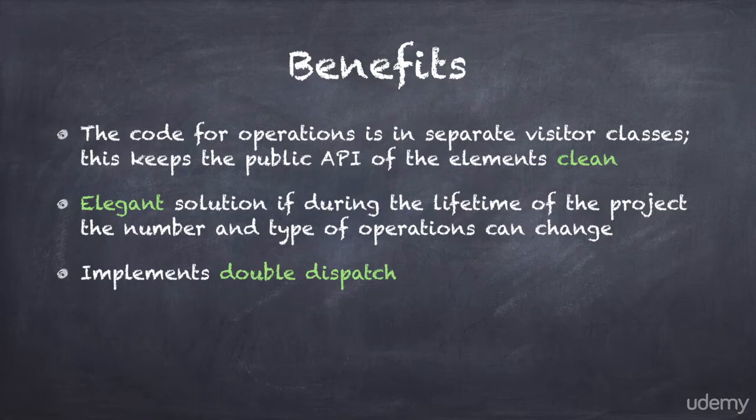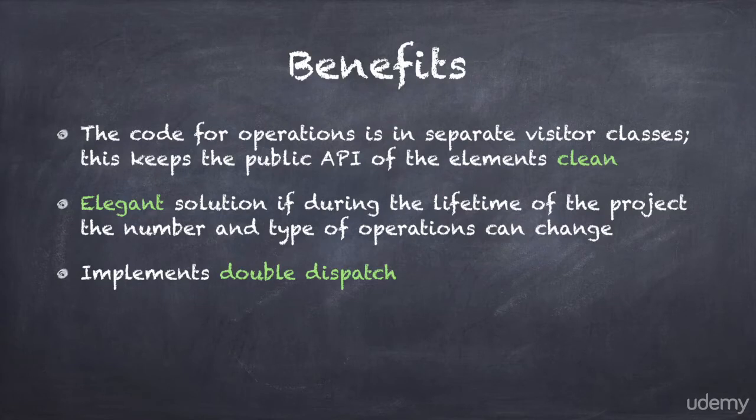This pattern offers a very elegant solution if, during the lifetime of the project, the number and type of operations can change. Every time when you add a new operation, you only need to create a new visitor class. You do not need to make any changes to the element classes.